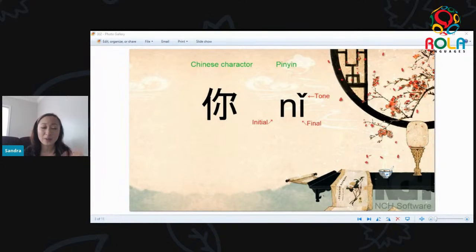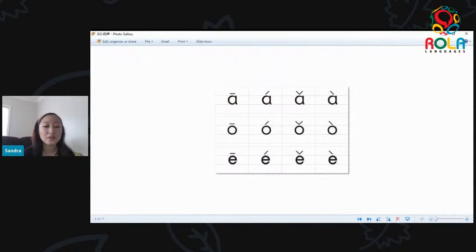Some people call it consonants, but it's actually initial. And the I is the final. And there's a little tick on top of that I. It's kind of weird, but that's actually very important to the whole pinyin system. It's called tone. Today we're going to introduce the four major tones of the pinyin system, and on top of that, the fifth neutral tone.